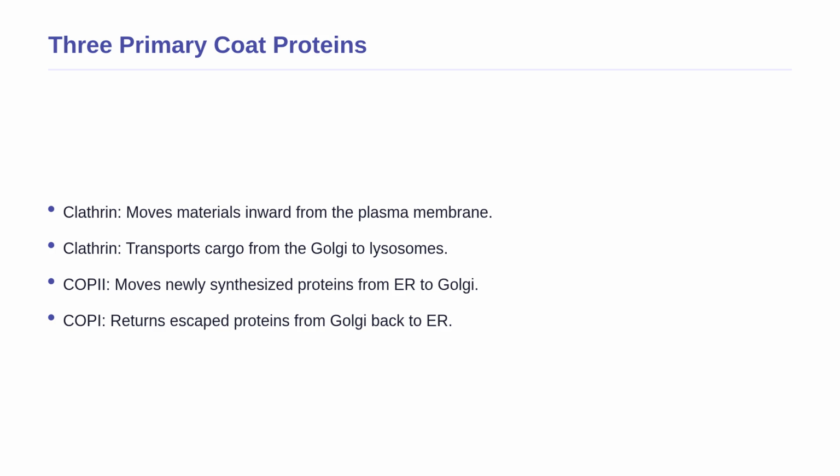Clathrin-coated vesicles primarily handle imports, moving materials inward from the plasma membrane, and they also transport cargo from the Golgi apparatus to lysosomes. COP2 vesicles are the forward shippers, transporting newly made proteins from the endoplasmic reticulum to the Golgi. Meanwhile, COP1 vesicles handle reverse transport, catching escaped proteins and returning them safely to the endoplasmic reticulum.